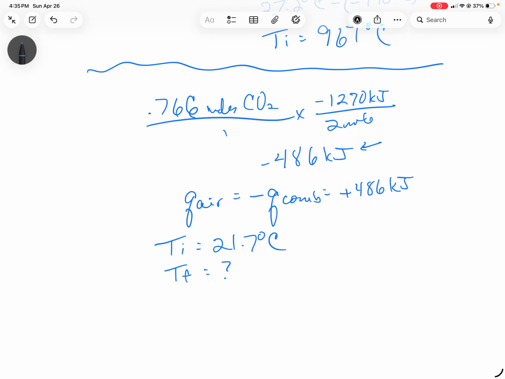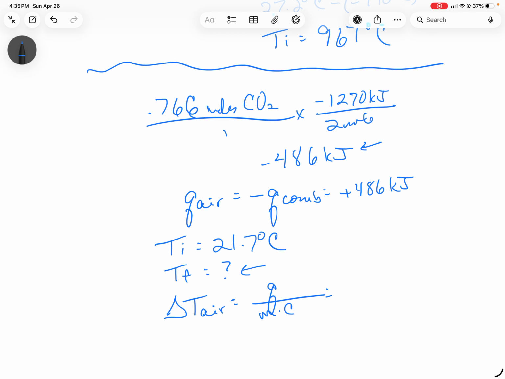But what you had to do, you were trying to get T final. Again, I would not arrange this algebraically to solve for T final. You can, but you're having to do more little strokes on your calculator, more likelihood to make mistakes. Instead, I would have said the change in temperature, that's not heat, of the air would equal the heat absorbed over the mass times the specific heat.